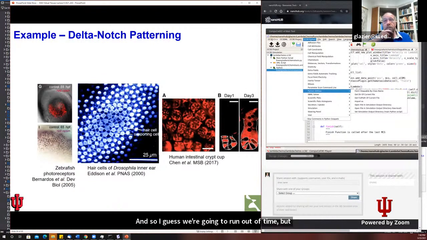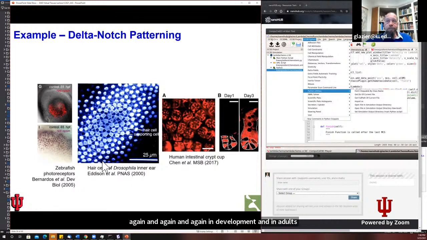But delta-notch patterning is a critical kind of, as I mentioned, this is what's called juxtacrine signaling. It's cells communicating by contact, and it's used again and again in development and in adults to maintain tissues.